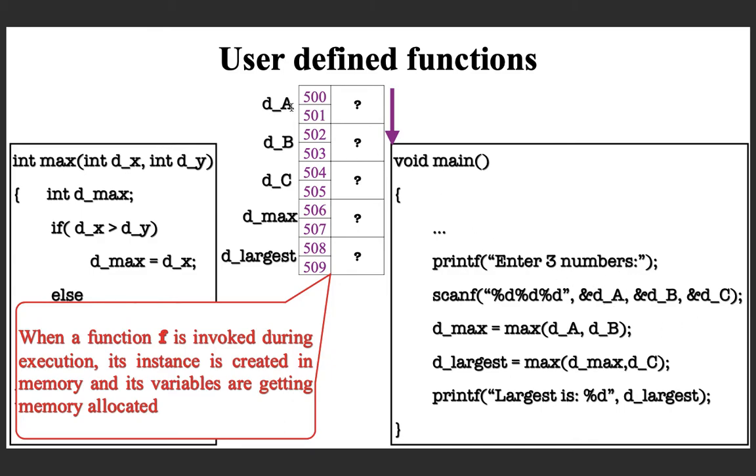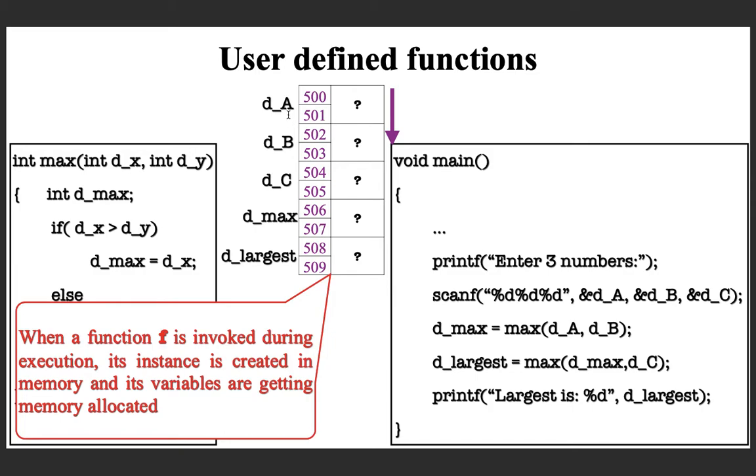Here decimal variables A, B and C, and a decimal variable D max, and another one D largest. These are the 5 variables.